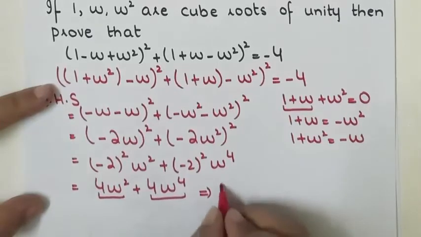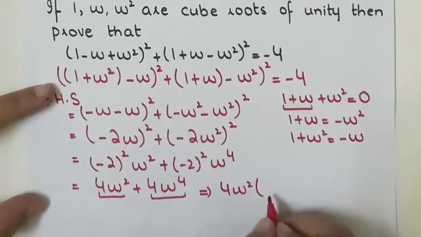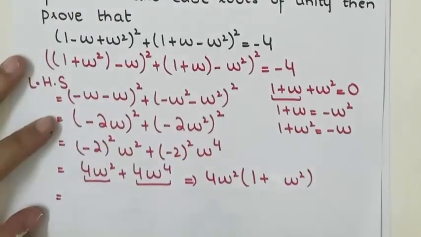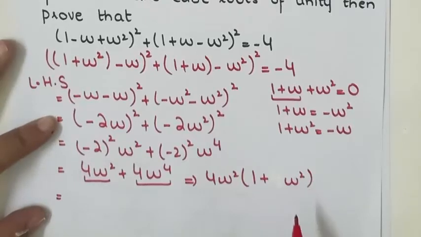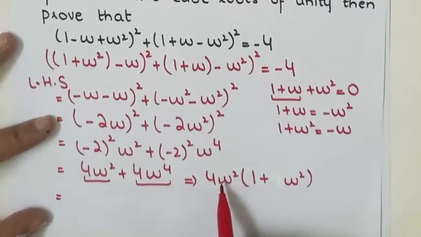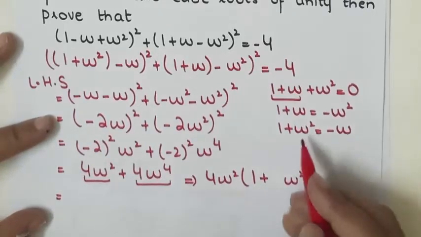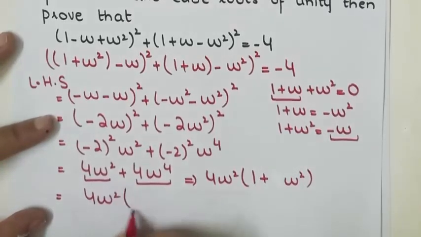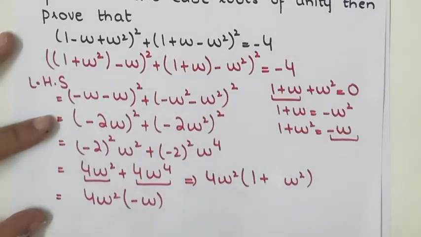So we will take 4ω² common and we have 1 plus ω², because we have ω⁴, so we have taken the square common, so 1 will be left. So 1 + ω², which means −ω, gives 4ω² into −ω.